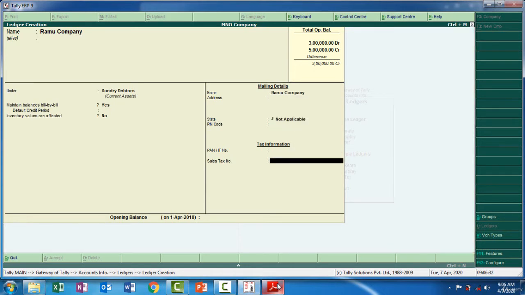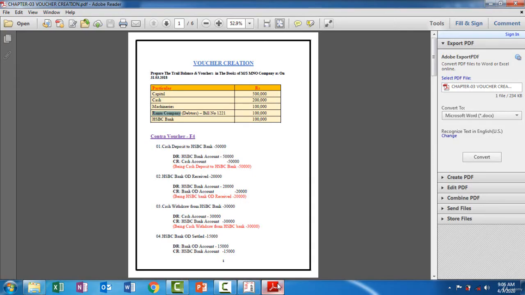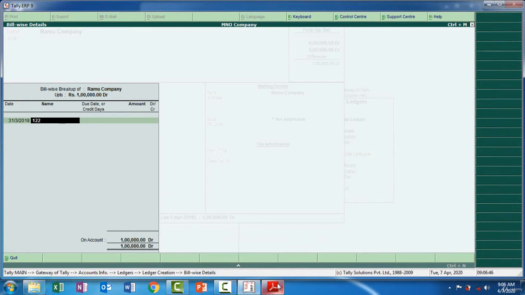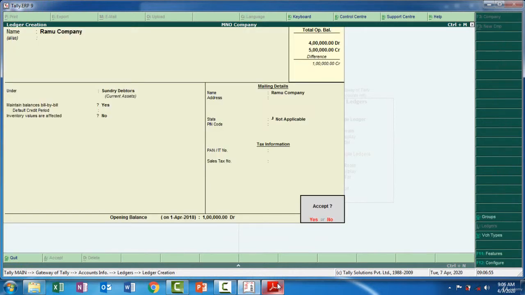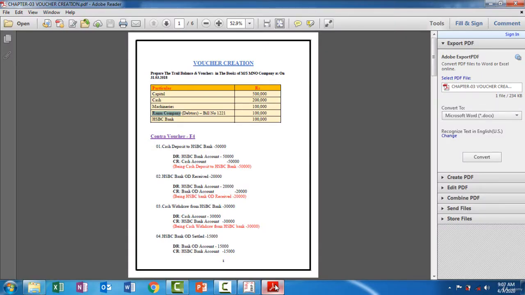How much is that amount? 100,000. We have to name a bill number. We can put bill number 1221, and then credit date no need, and then yes, it will be recorded.